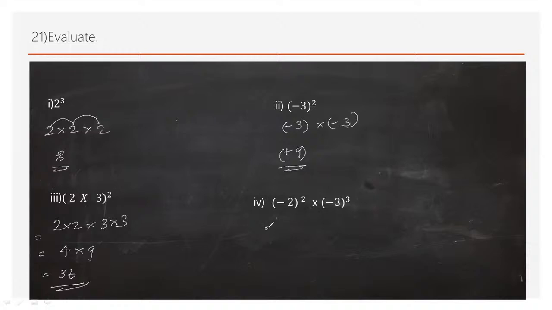It means minus 2 into minus 2 into minus 3 into minus 3. Minus into minus plus, 2 times 2, 4 into minus into minus plus, 3 times 3, 9. Then also here 36. 2 times 2, 4. 36.